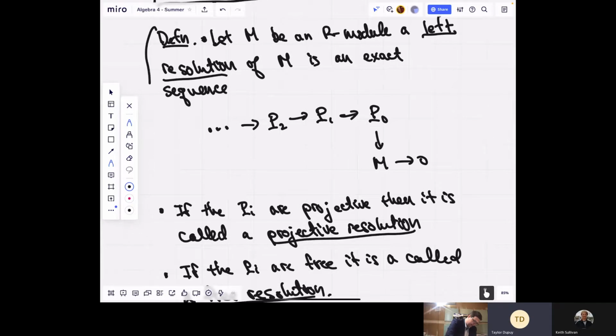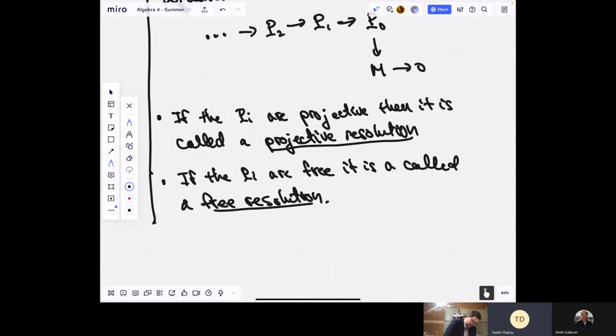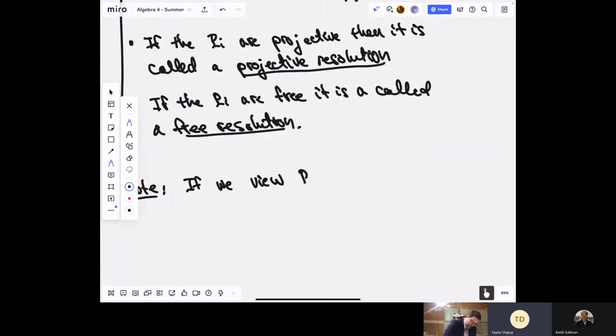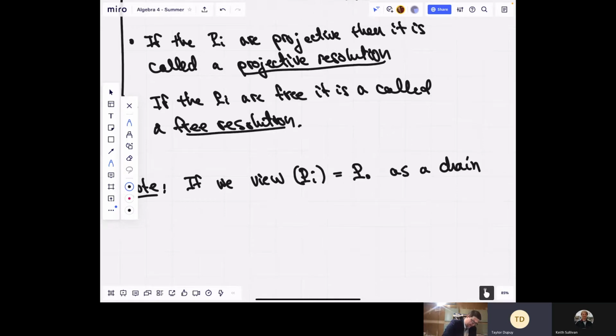So one thing I want to note is that if we view these as complexes, so just kind of an observation, if we view these Pi, so this thing here, as a chain complex.